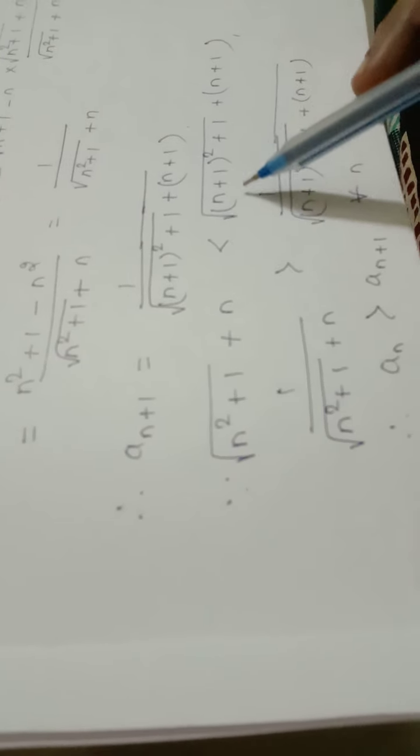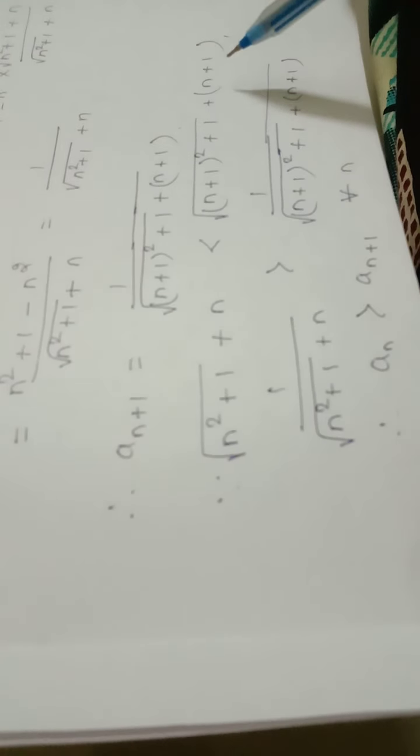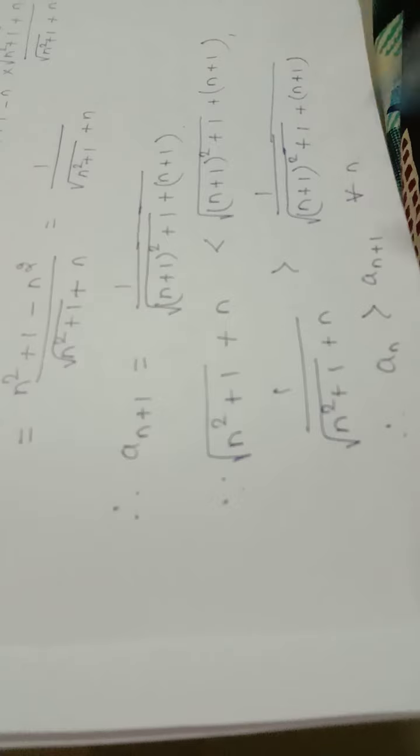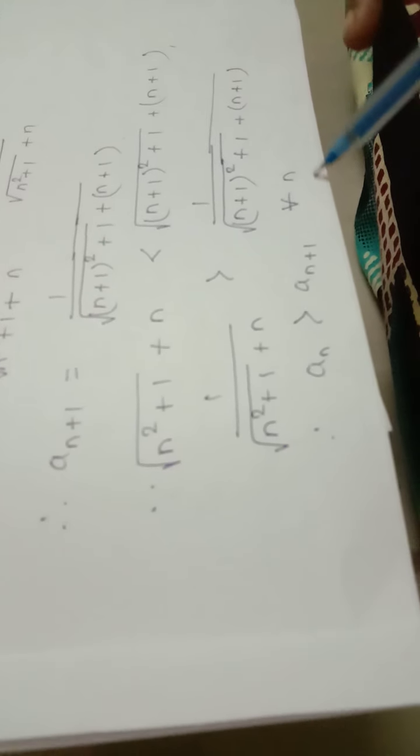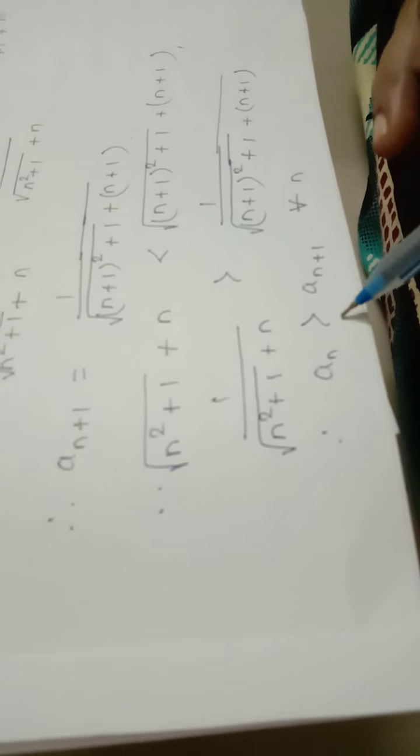Obviously the first term is less than the second, and you can check with some values. From this we conclude the reciprocals give greater values, so we have an is greater than an plus 1 for all n. Therefore this an is a monotonic decreasing sequence.